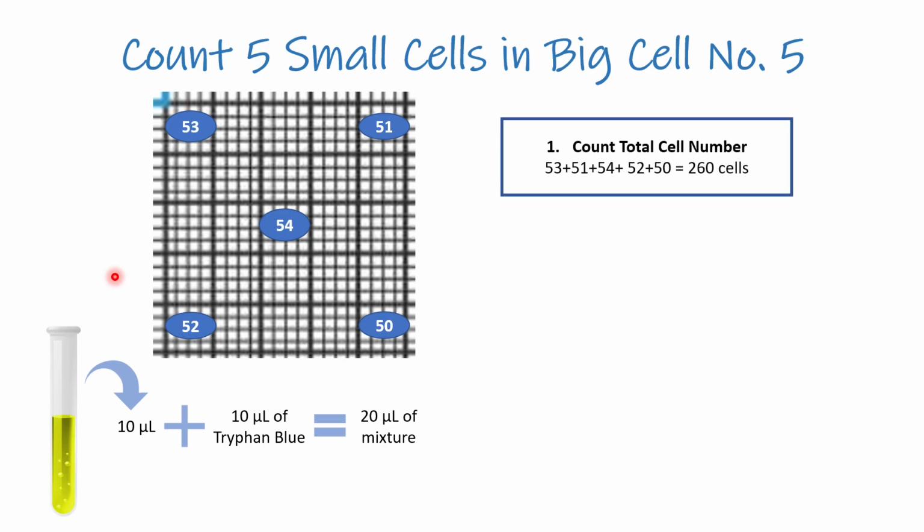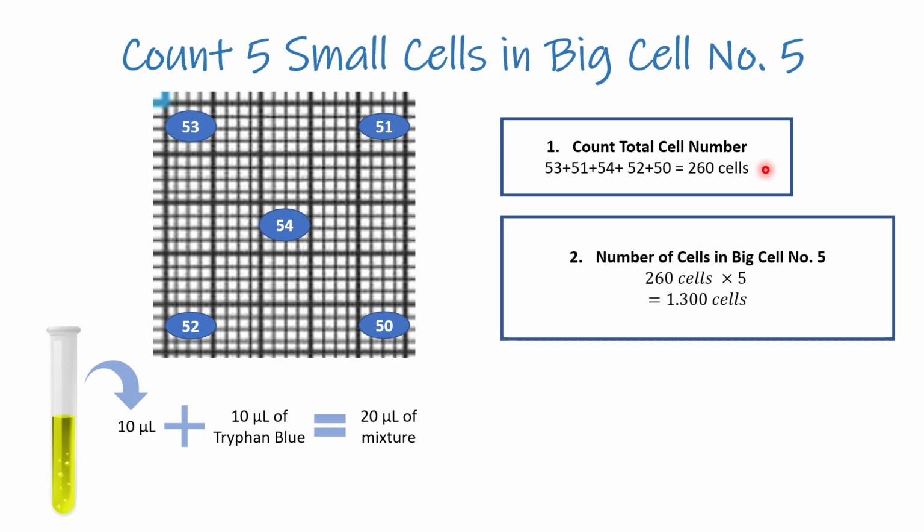The first thing to do, as I've stated before, is just add all of them. We get the total number from these 5 small cells, and we obtain 260 cells. Afterwards, we multiply that by 5 so that we know the whole cells contained within big cell number 5, and we get 1,300 cells.